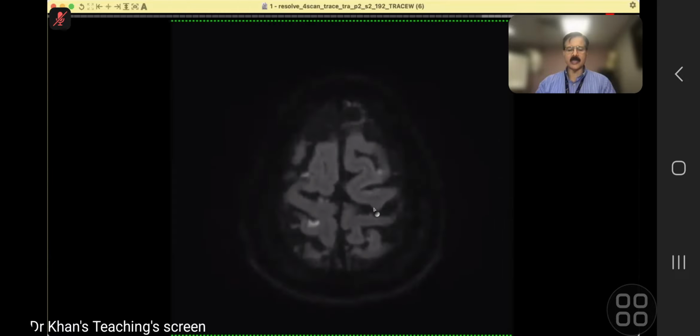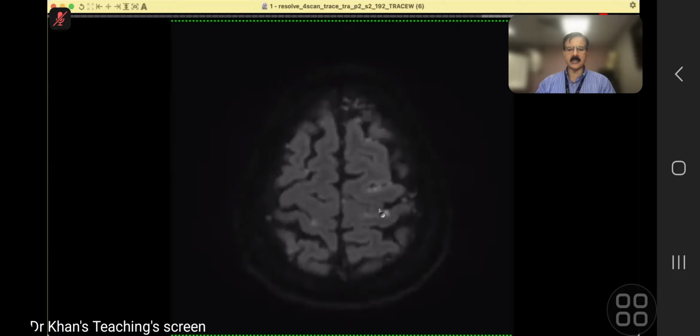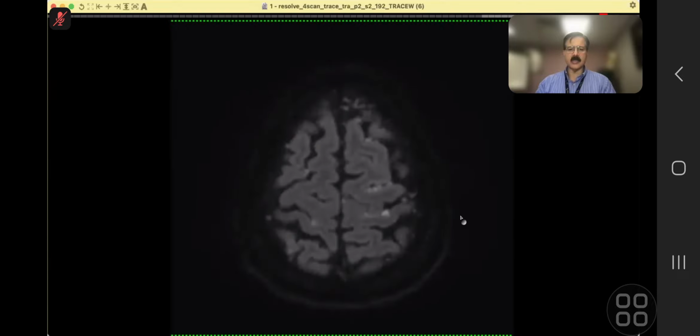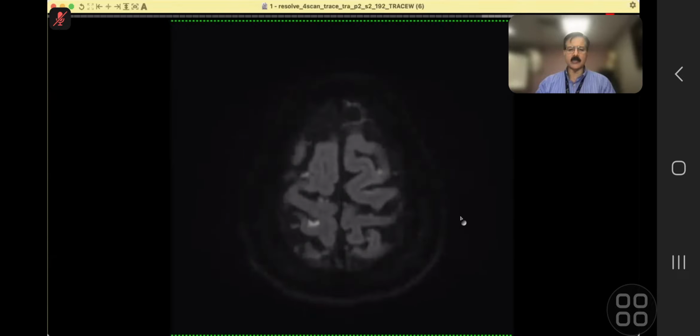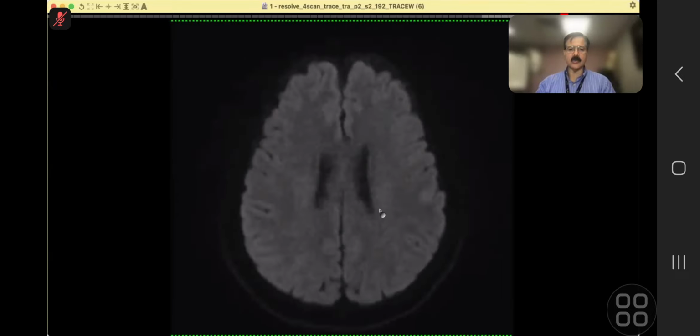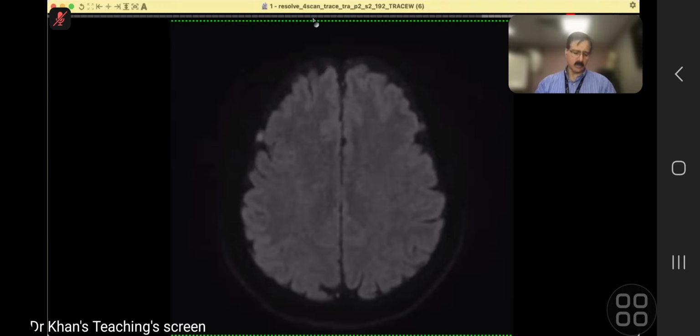It is quite a sensitive one, but don't think that I'm telling you to always look at the DWI sequence. There is a lot of material on which kind of hemorrhage will be bright on DWI. But in this particular case, you can see that this was bright, and actually there is a focus sitting here also. So this was subarachnoid hemorrhage.